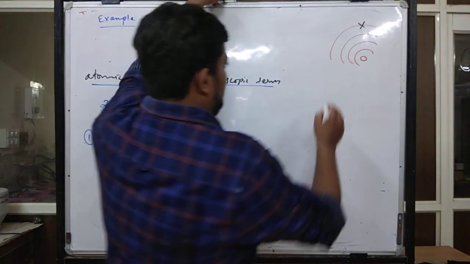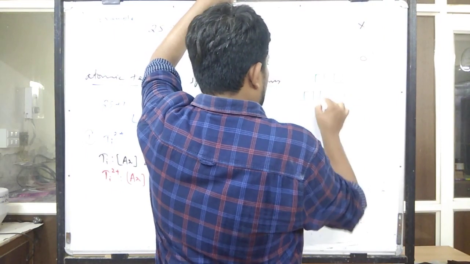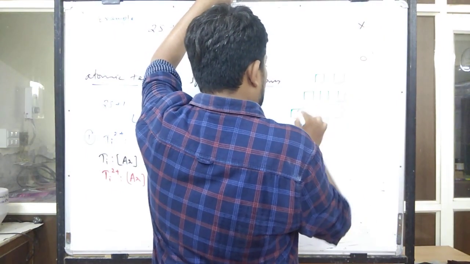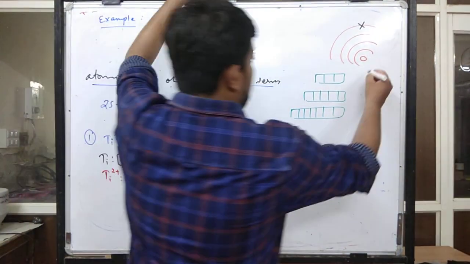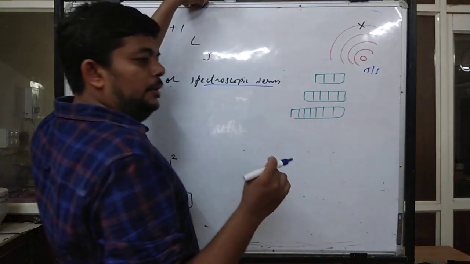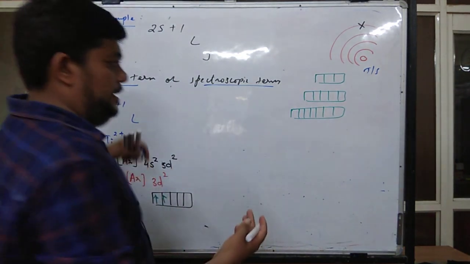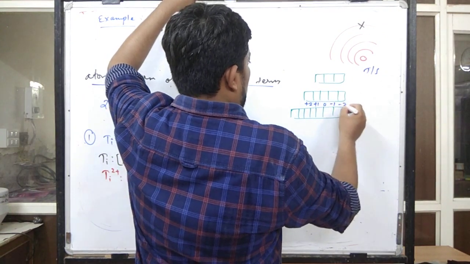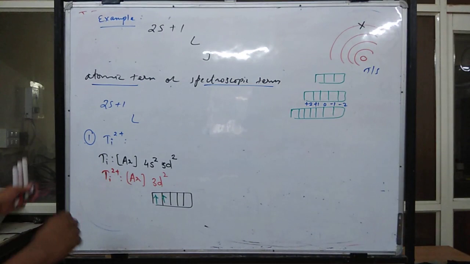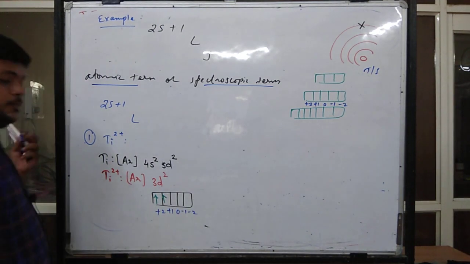When you have 3 orbitals in a p subshell, 5 in a d subshell, or 7 in an f subshell, for term symbols we will not go from minus L to plus L, but from plus L to minus L. So this will be plus 2, plus 1, 0, minus 1 and minus 2. I will write the same over here.